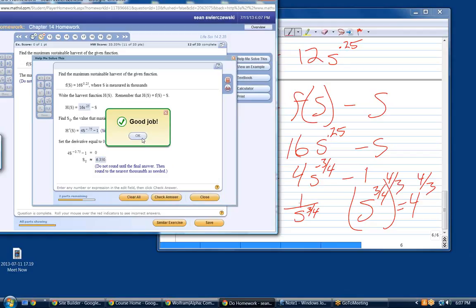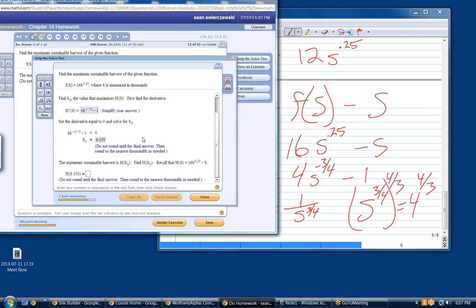Now it says it's correct. Oh, we forgot to plug it back in. Oh, that's what they were asking for, the maximum sustainable harvest. In other words, they weren't looking for a value for s sub 0. They were looking for that.